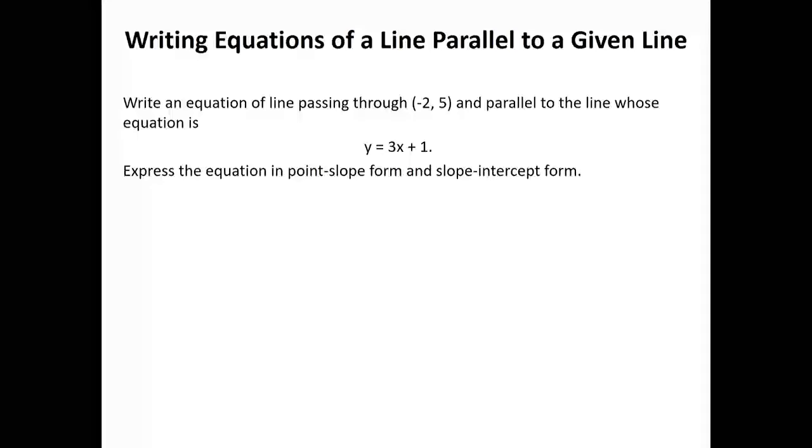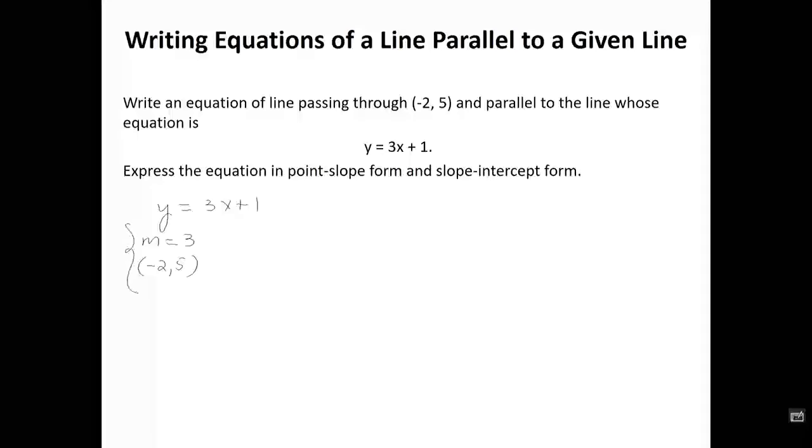All right, so let's see here. The given line is y = 3x + 1. So the slope of the given line is 3. And the line passes through the point (-2, 5).